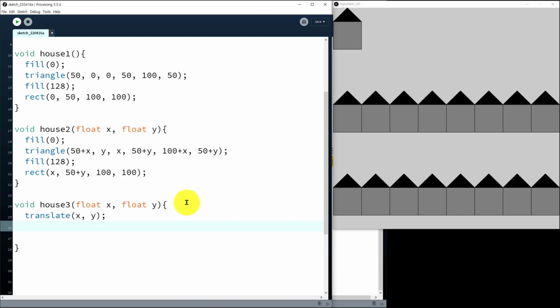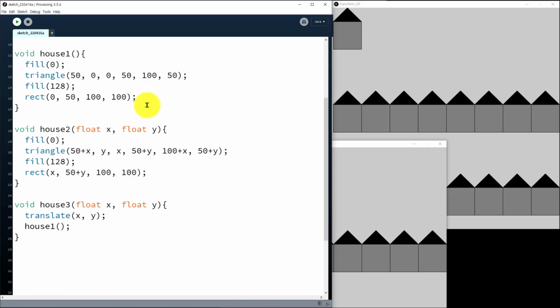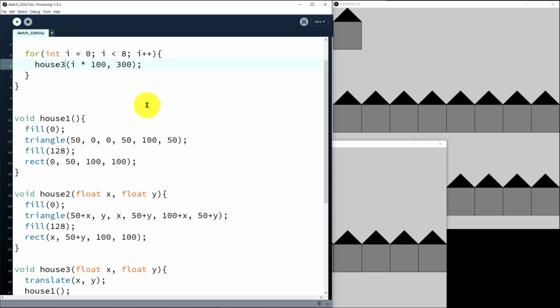After translating the coordinate, I'm going to call the house1 function, right? Without the parameters. I think that's it. And let's change this into house3. That's what I want.